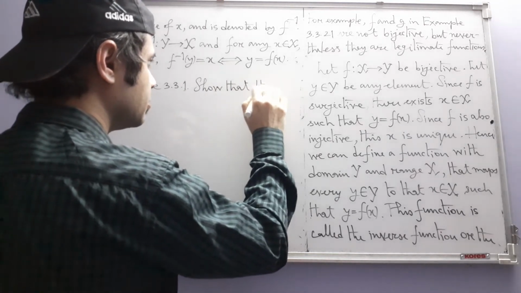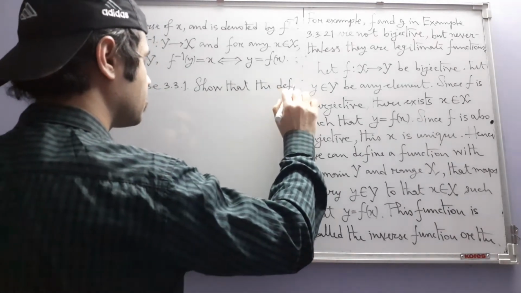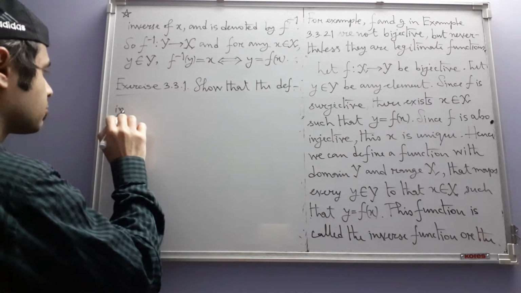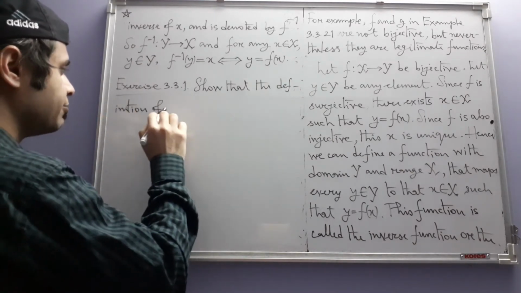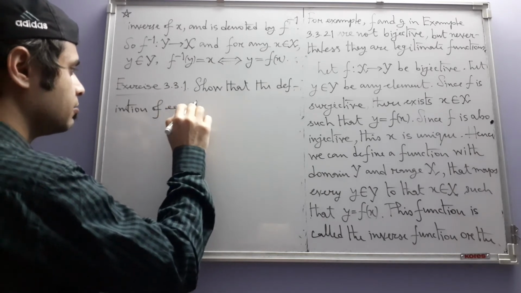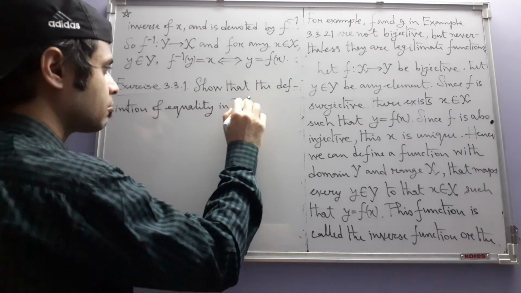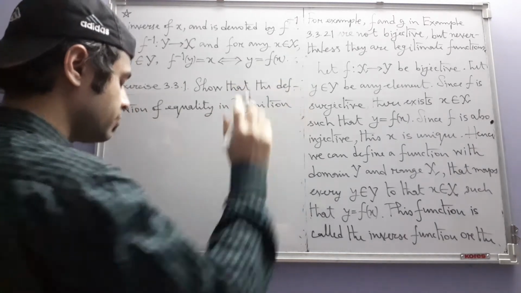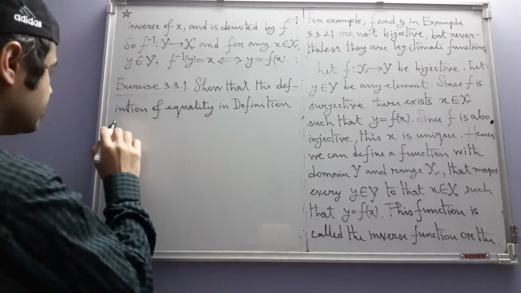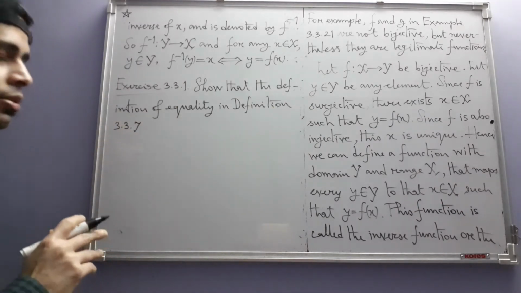Show that the definition of equality in definition 337, that is, this is the equality of functions.